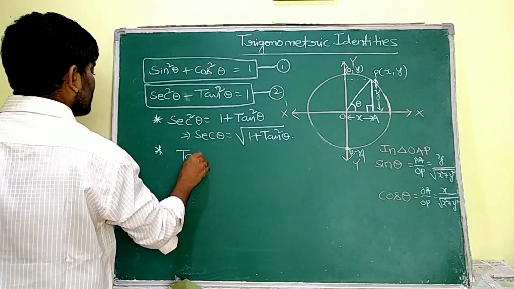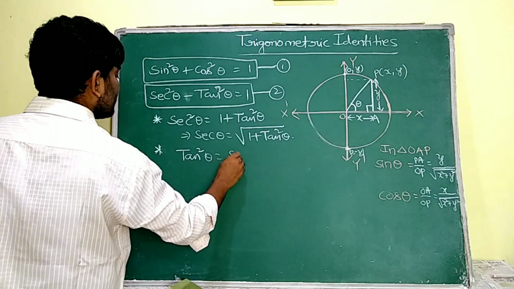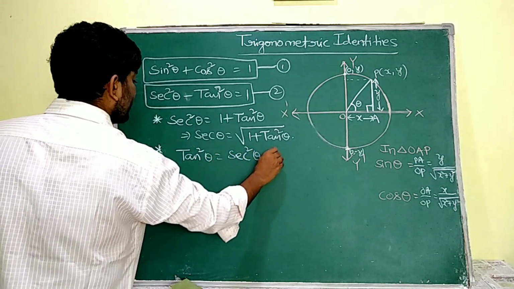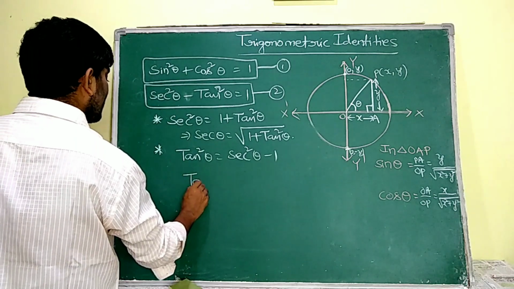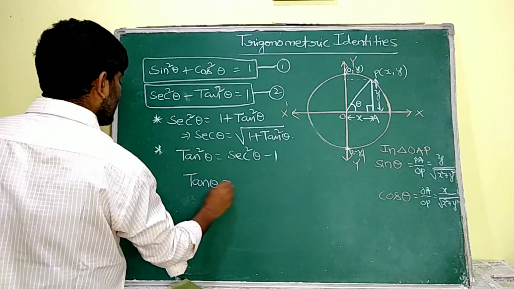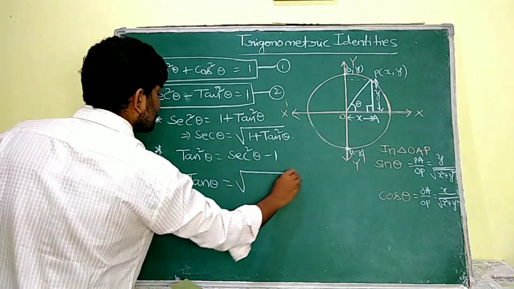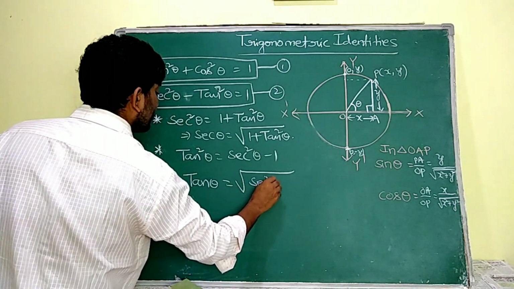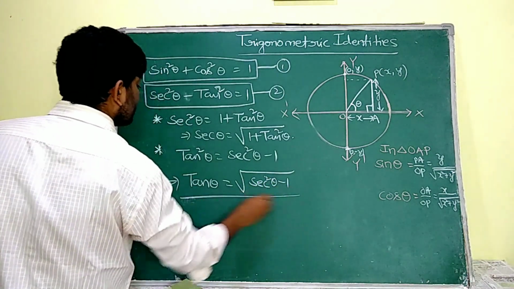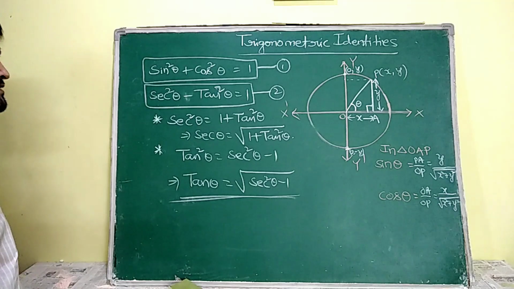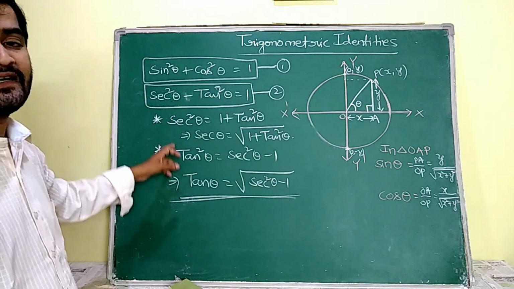Then tan square theta is equal to secant square theta minus 1, so tan theta is equal to root over secant square theta minus 1. So these are the relations between secant and tan.